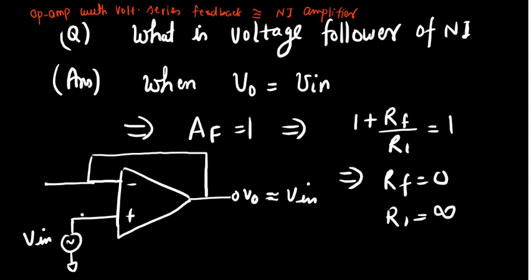Now one special case of non-inverting amplifier is the voltage follower. When we set our AF equal to 1, then your V0 will be equal to Vin. This is called voltage follower, because your output is following your input voltage.